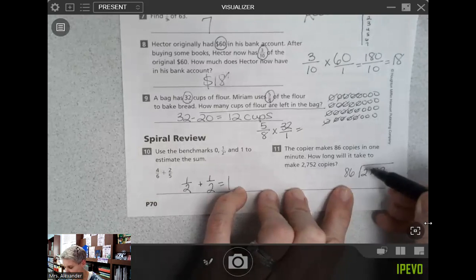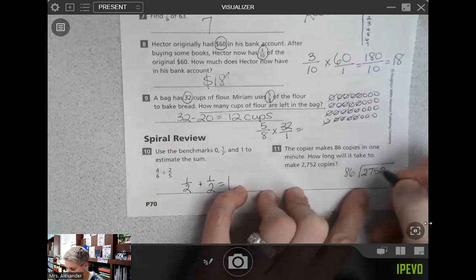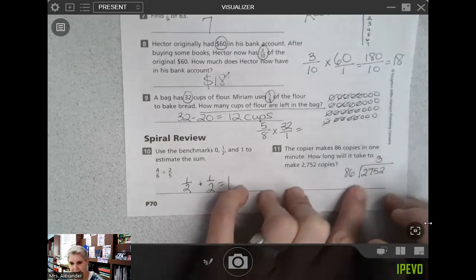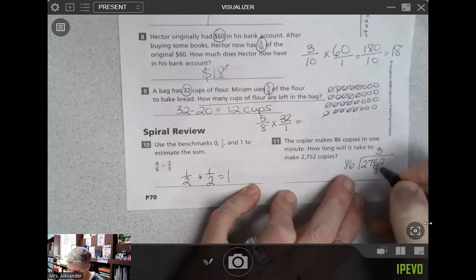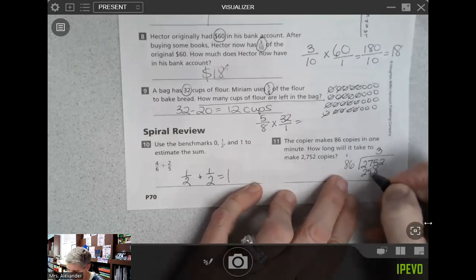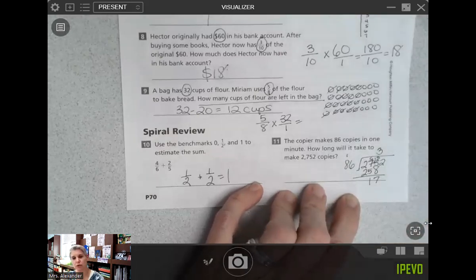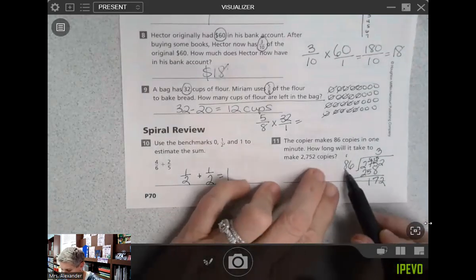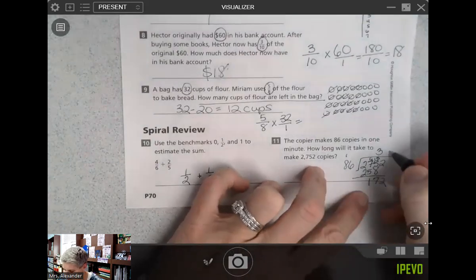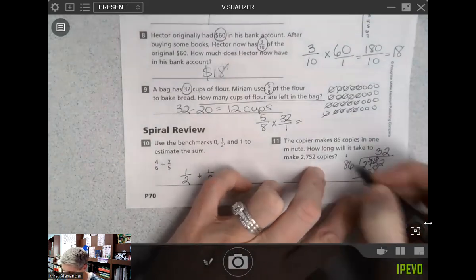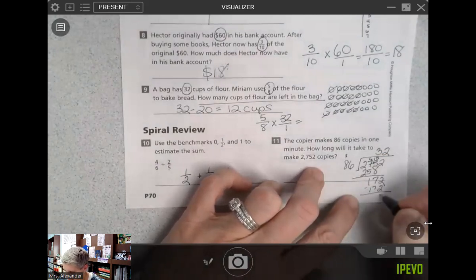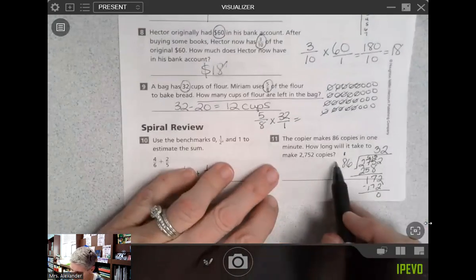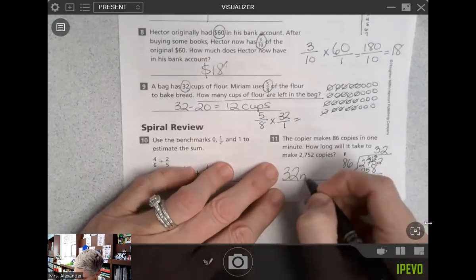Let's see, thinking about that 8 and that 27, I'm going to say 86 can go into 275 about 3 times. It's a guess and check going on here. When I do that work, if I subtract, I get 17. So yes, that was a good guess. I bring down my 2. Looking at just the 8 and the 17, I'm going to say 2 times. 6 times 2 is 12, and that comes out just right. So how long will it take to make those copies? 32 minutes.